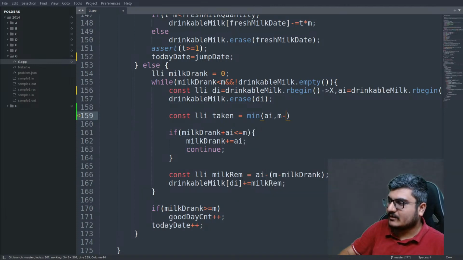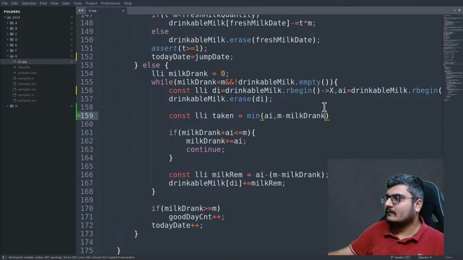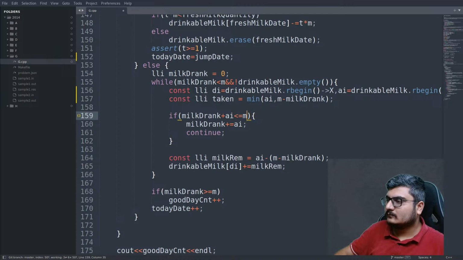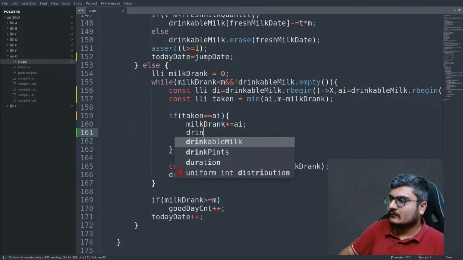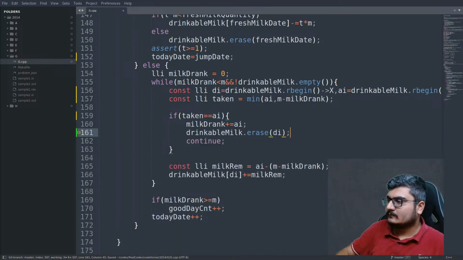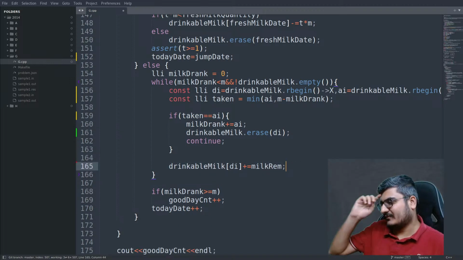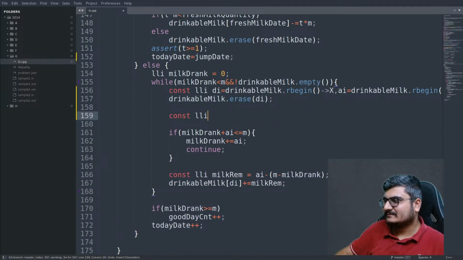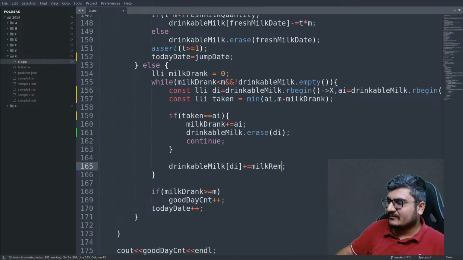Whatever is available and whatever we want to do. This should be an equal to 7. We should not subtract it.